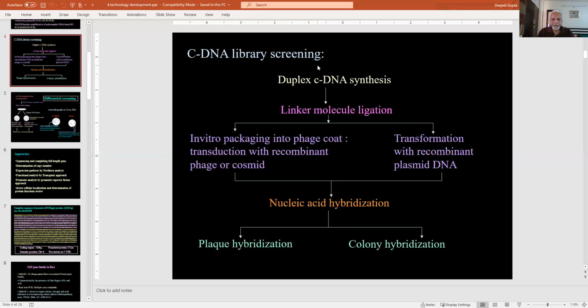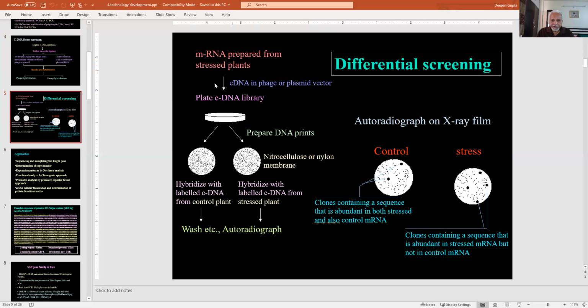So this library was prepared using standard protocols, and then the library was spread onto a plate for plaque formation.